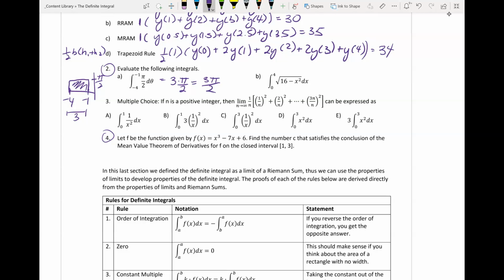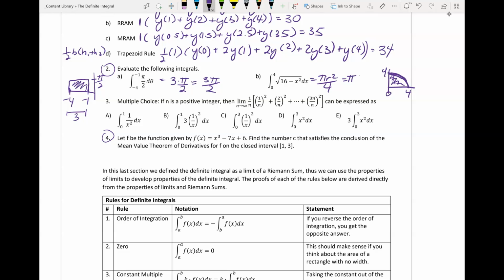And then for this last one here, we can again draw a picture. This is a semicircle equation, but we're only going from 0 to 4. It's going to be a quarter of a circle, or half of a semicircle. This is the area we're trying to find. We know the area of a circle is pi r squared, but we're only considering a quarter of it, so we divide that by 4.